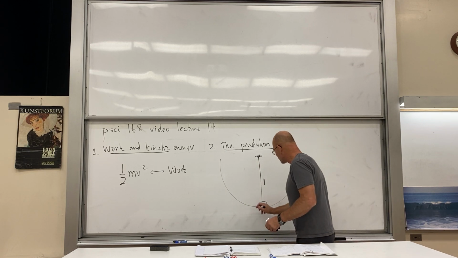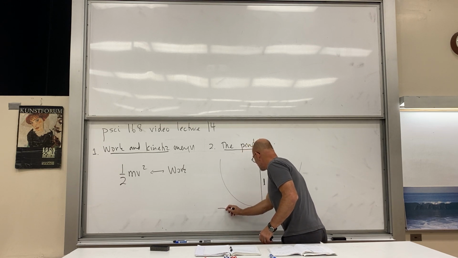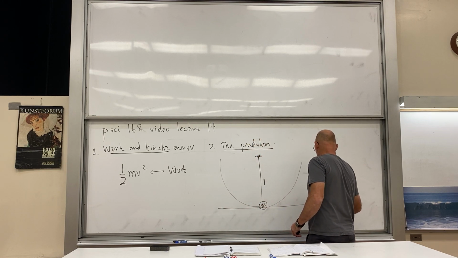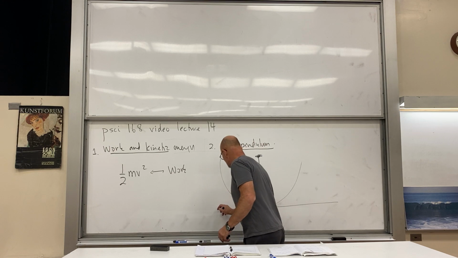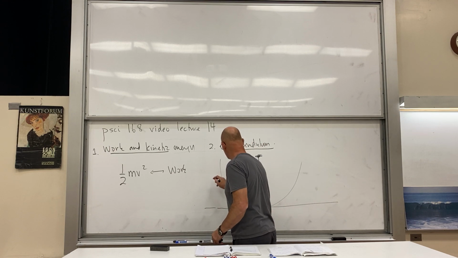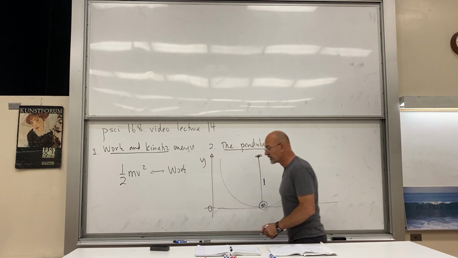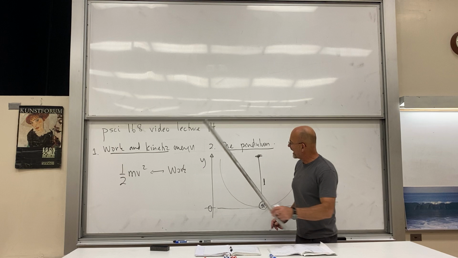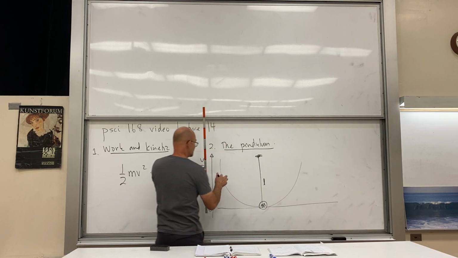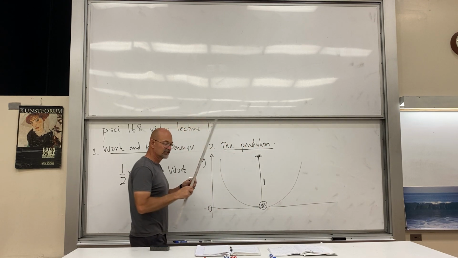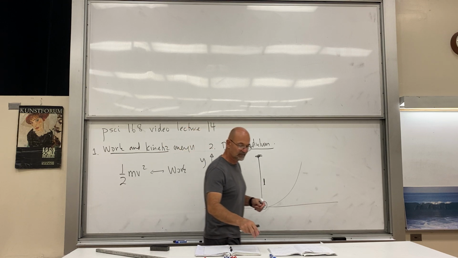Now what we're also going to do is imagine we have a horizontal line drawn right through the bottom, and imagine this is the y-axis, and this is the 0. So we can measure vertical height over here, and we have a certain pendulum that can swing back and forth.